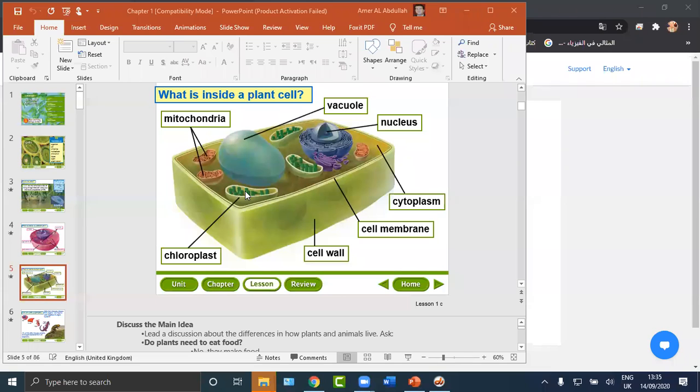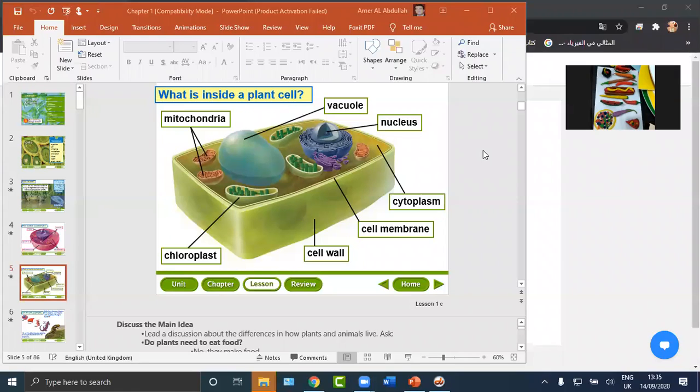Now, if we want to compare, which cell has a stronger outer covering, a plant cell or an animal cell? Who can tell me? Ahmed, I will ask you a question. Which cell has a stronger outer covering? Animal cell? Are you sure?